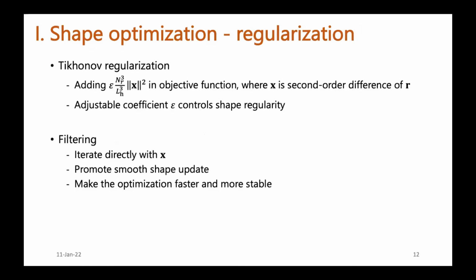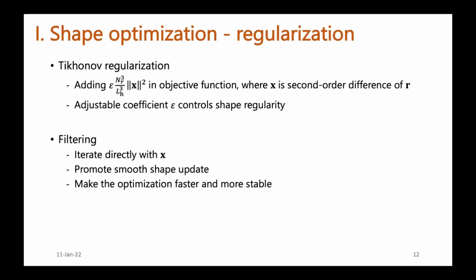Sometimes we desire the horn shape to be regular, to be easy to manufacture, or even to avoid the algorithm being stuck in the iteration. So we take 2 measures to avoid irregular shapes.